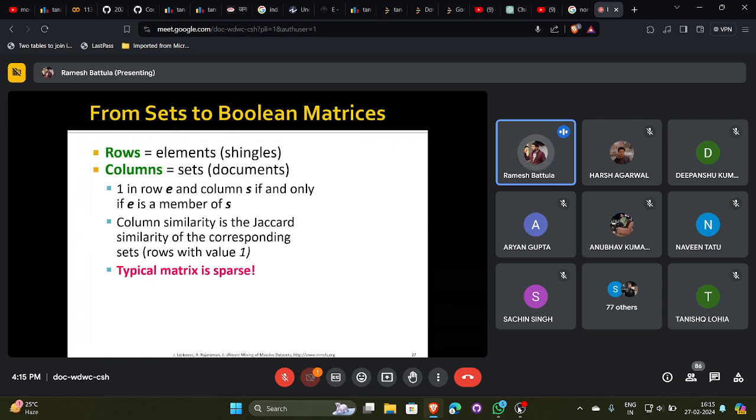So what they are saying is, you have to take your shingles as rows and documents as columns. Typically the matrix is laid out this way: rows are going to be your shingles, columns are going to be your documents.